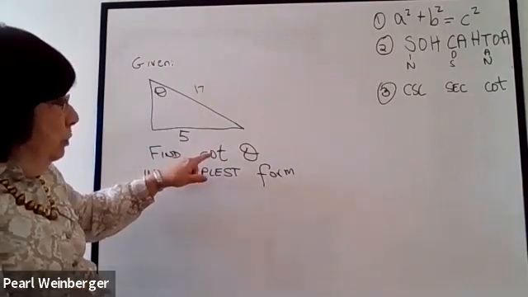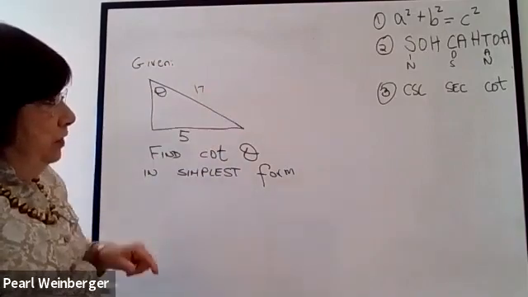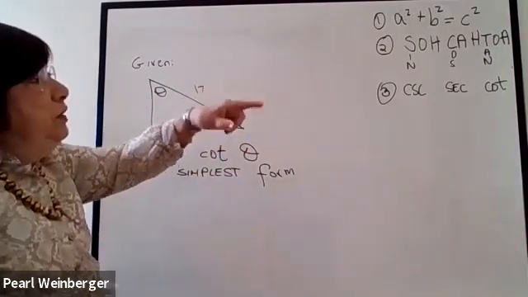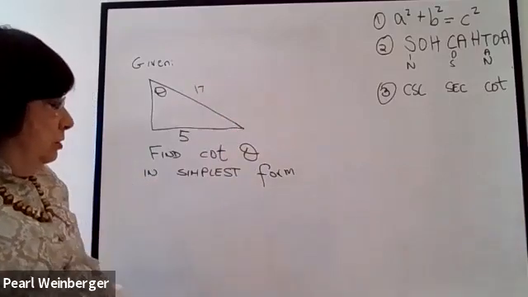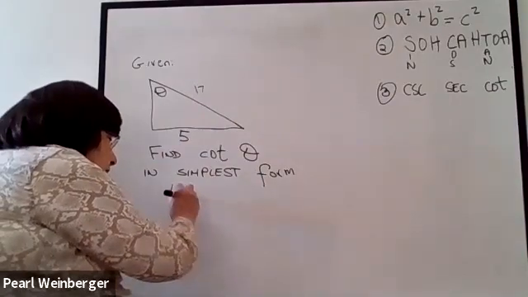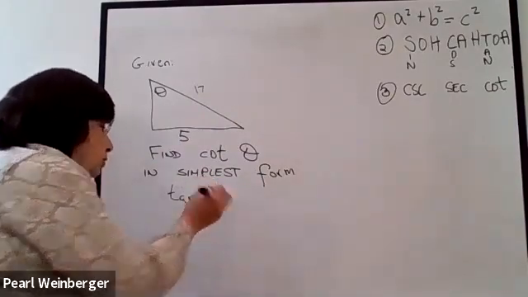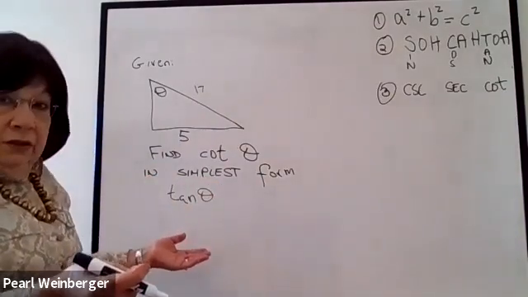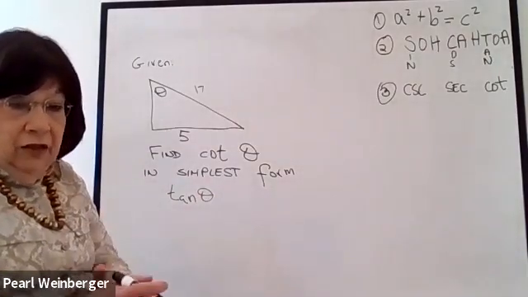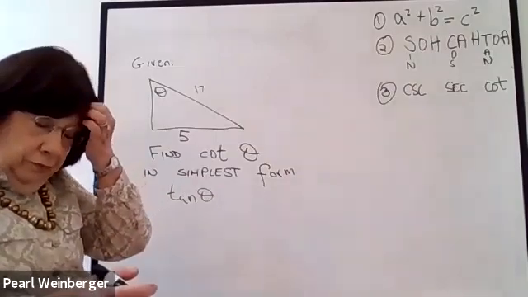Okay, so we know from what I said over there that the cotangent of theta is the reciprocal of the tangent. So I really want to figure out what the tangent of theta is. Because once I know what the tangent is, to find out the cotangent, all I have to do is take the fraction and flip it over.